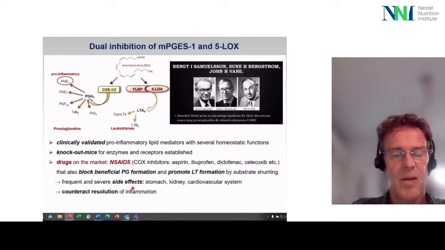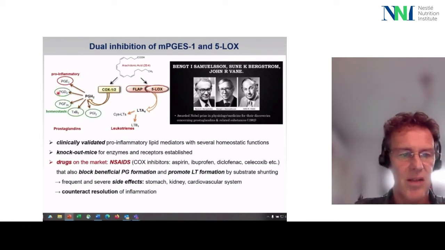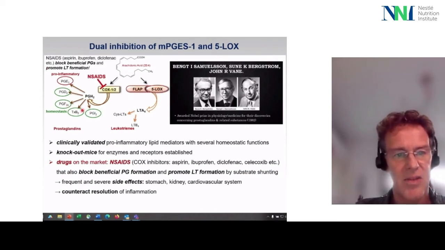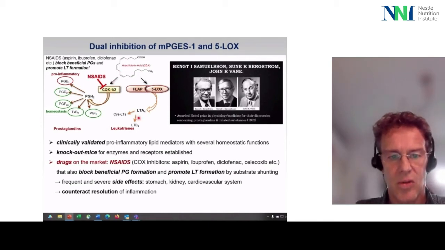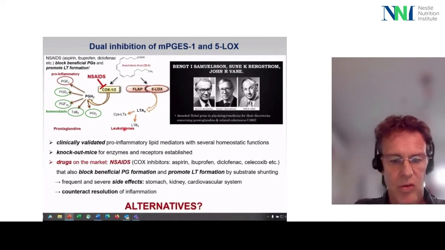So with these prostaglandins here, we have in particular prostaglandin E2 at large amounts that is pro-inflammatory, while the other prostaglandins have many homeostatic functions. So that means by applying NSAIDs as COX inhibitors, we also block those functions and we shunt arachidonic acid to the leukotriene pathway. So these are not ideal drugs, of course, but what alternatives do we have here?